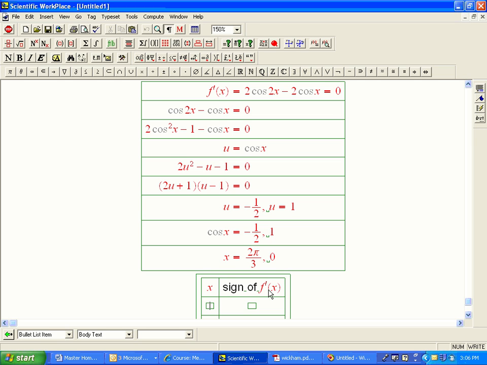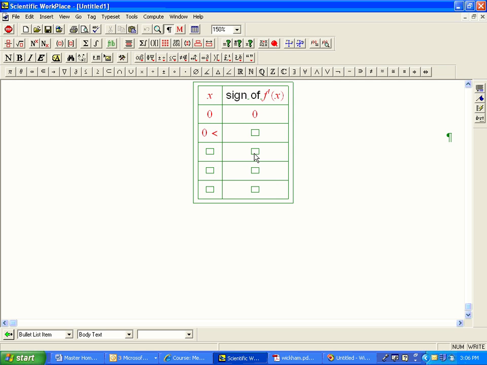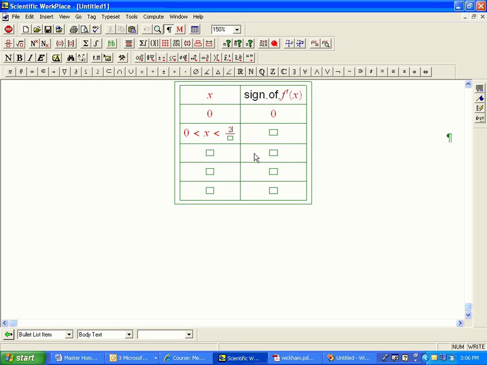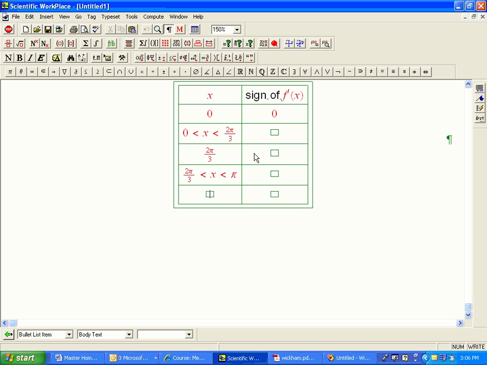We're going to start with 0, and that's interesting because that's a critical point. That's derivative of 0. And then the next thing we need to watch out for is 2 pi over 3, so I'm going to look at the region between 0 and 2 pi over 3, and then 2 pi over 3 itself, and then 2 pi over 3 up to pi, and then x equals pi.